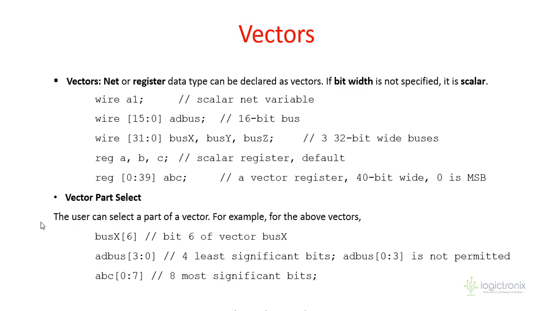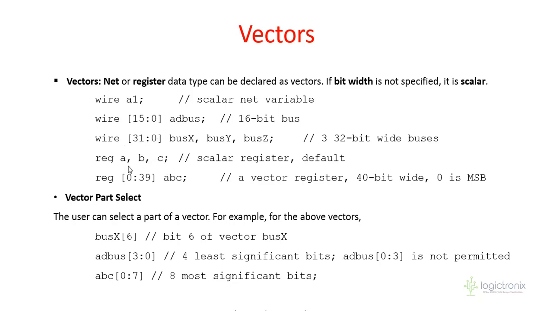So vector is for defining multi-bit variables. Like wire A1, it is a single bit, so it can also be called a scalar. Another is wire 15 down to 0, which means a 16-bit wide variable named ADBus. Another is group variables like pos x, pos y, pos z. All 3 are 32-bit wires.